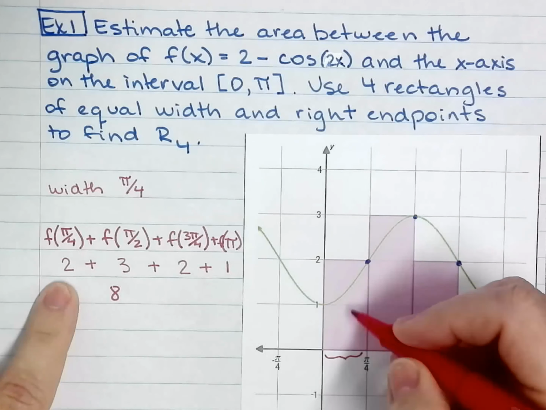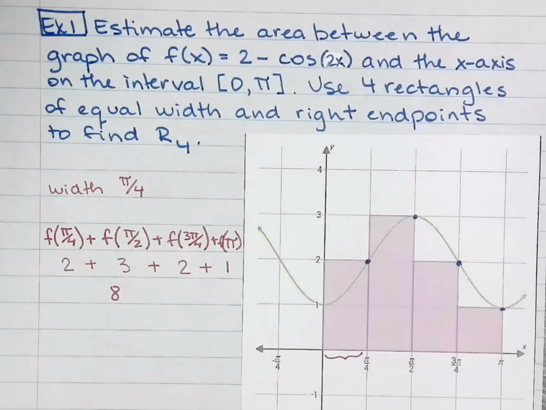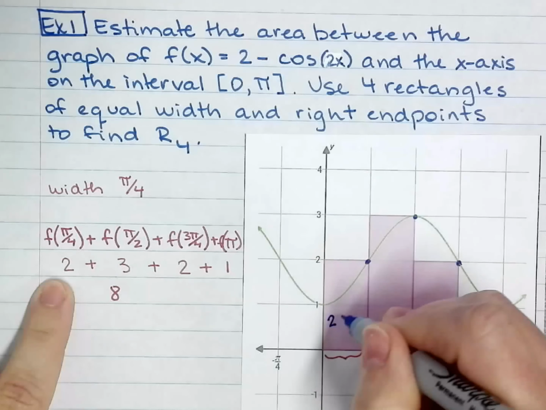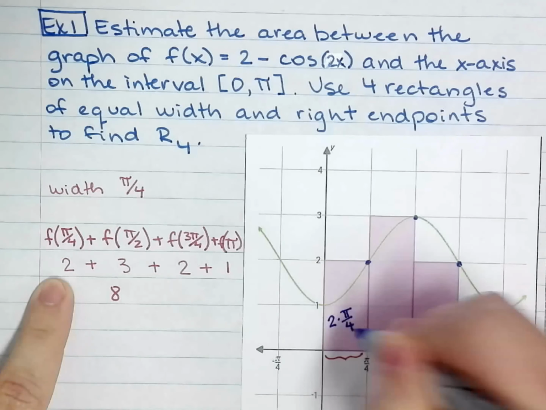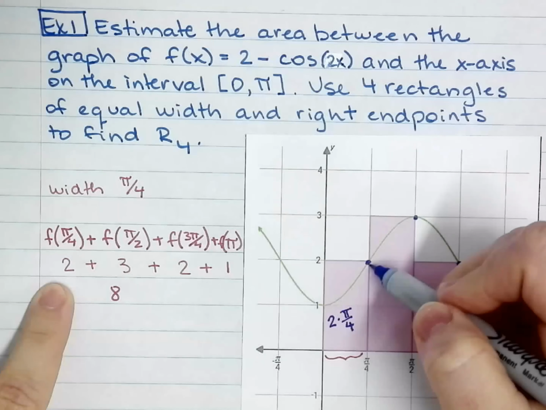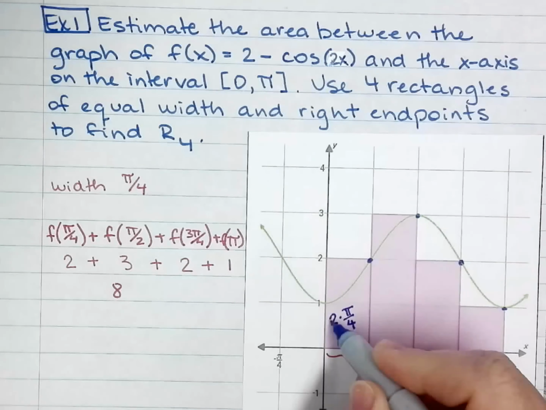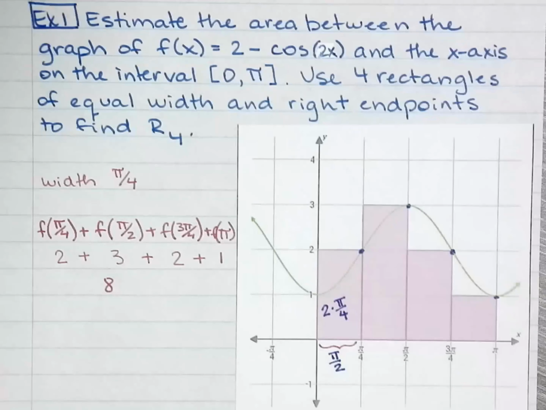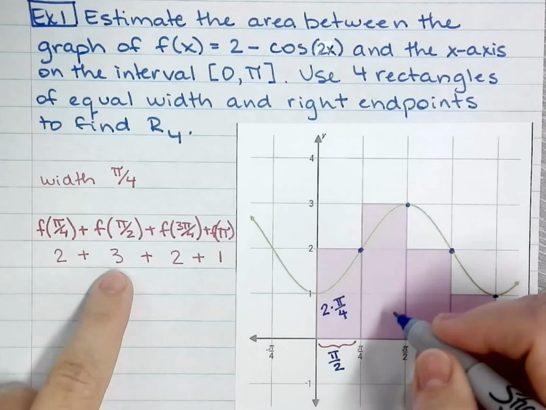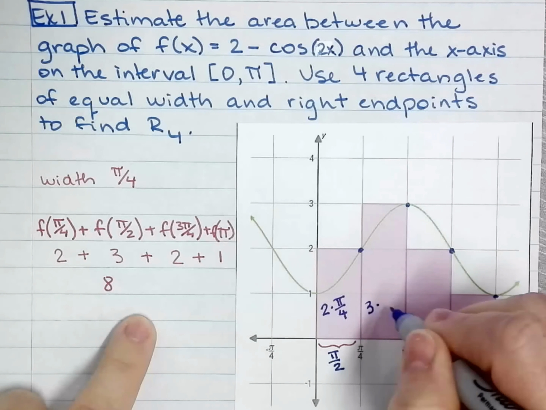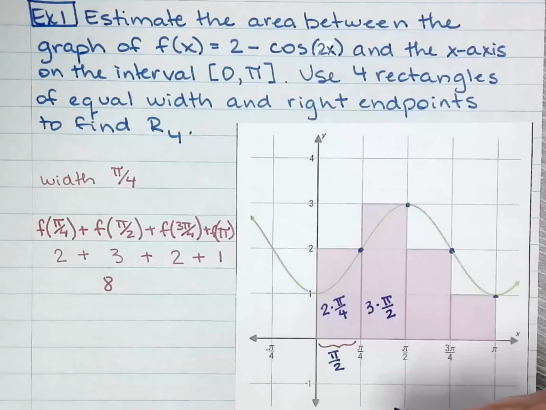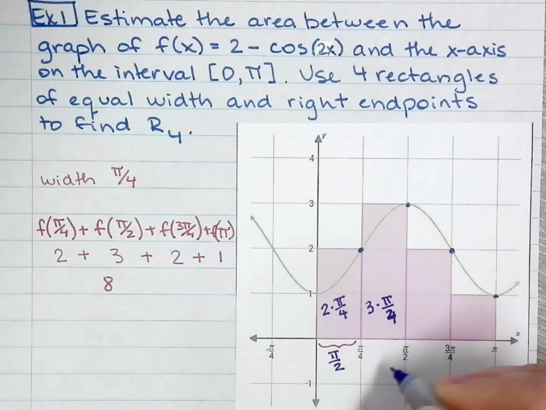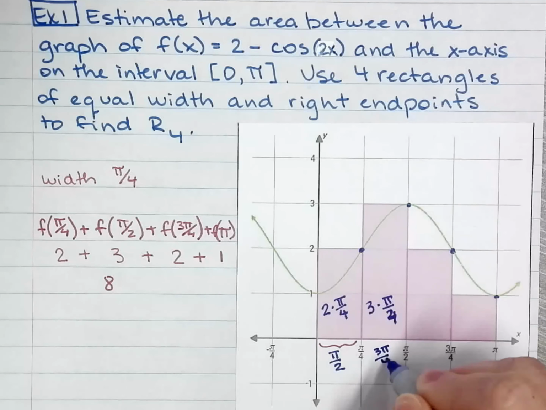So if I get this one as being 2 times pi over 4, because pi over 4 is the width and 2 is the height of this rectangle, when I simplify, I get the area of this one as just pi over 2. This one is 3 times pi over 4, because that's the width. So this area right here is 3 pi over 4.